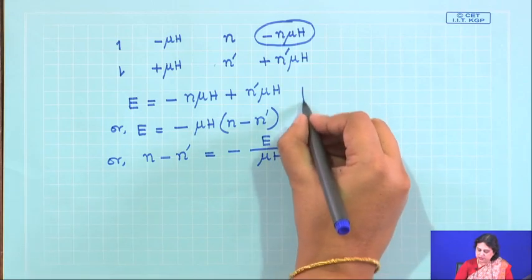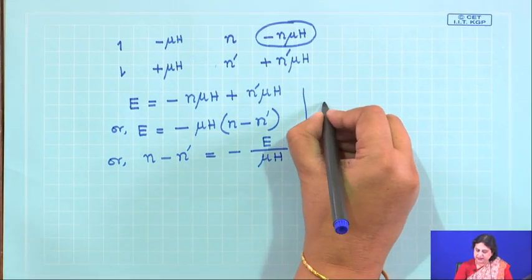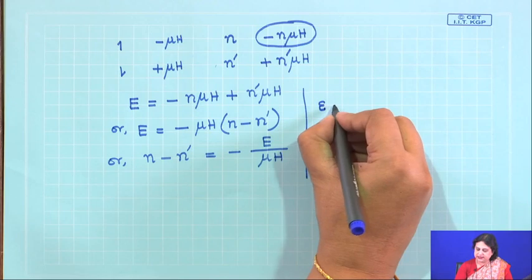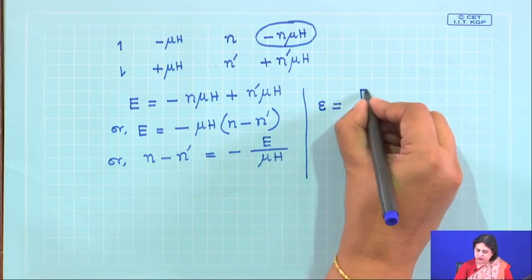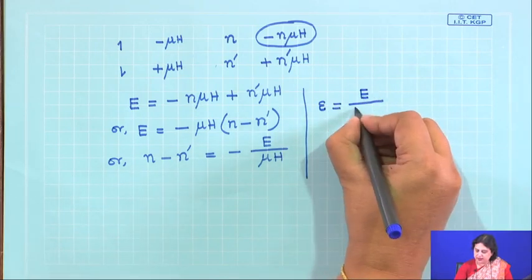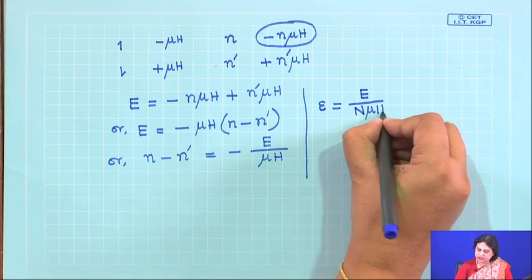Now, let me introduce this quantity which I have already done in yesterday's class, that epsilon is equal to capital E divided by capital N mu h.